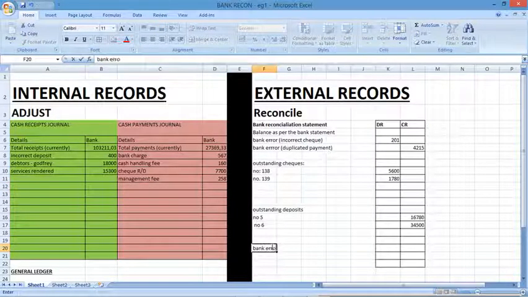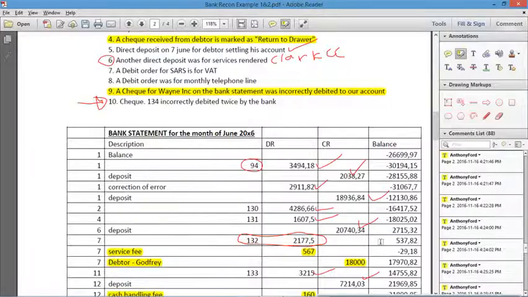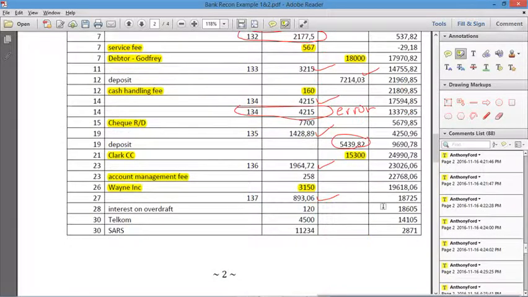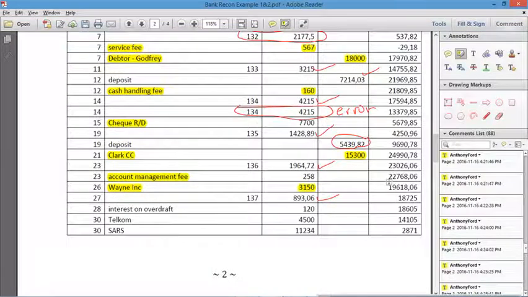Bank error, incorrect debit. Okay, so whose check is this? Wayne's. But it was credited to ours. Okay. Alright, so 3,150 credit.